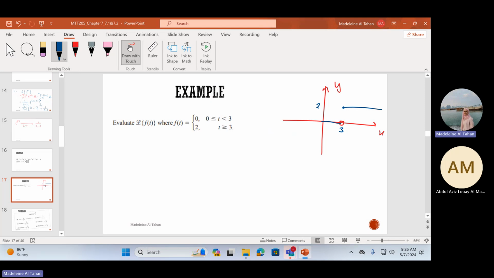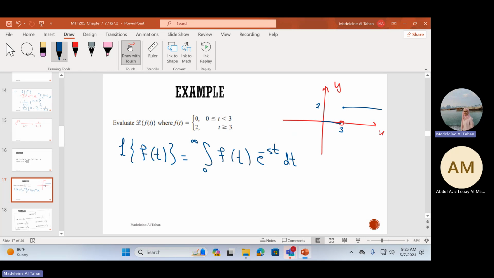So the first step, just write the formula. What's the formula? Laplace of f of t is equal to the integral from 0 to infinity of f of t e minus st dt. The first step is okay for all. Now, someone is saying, but f of t has two values.